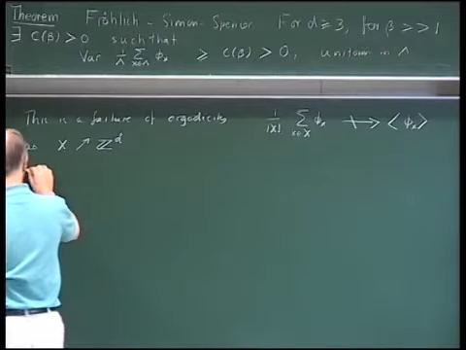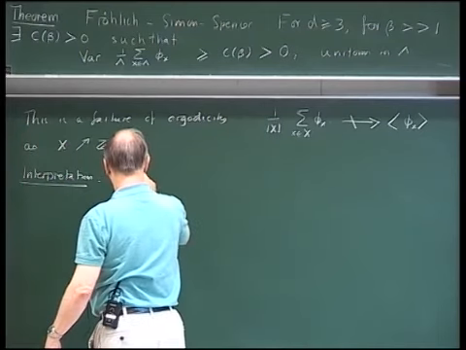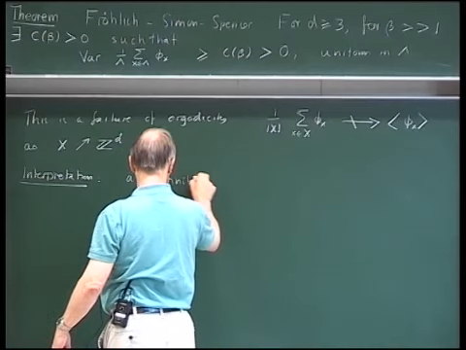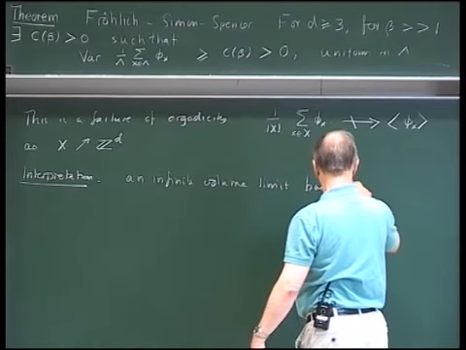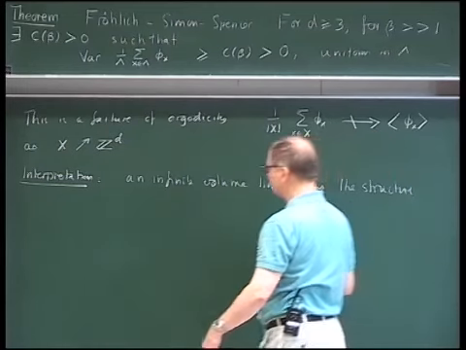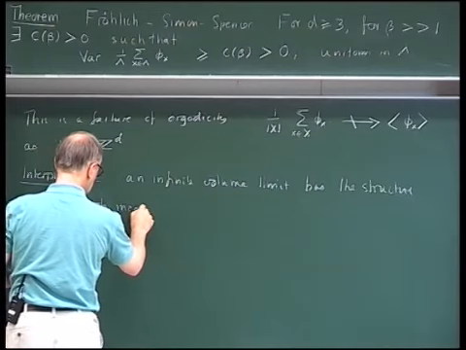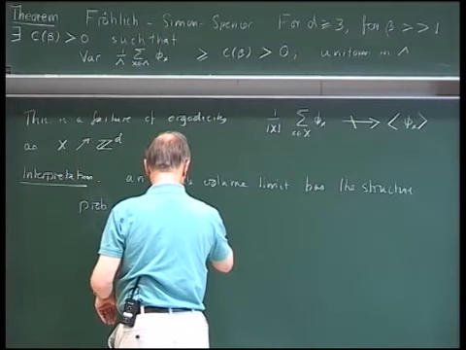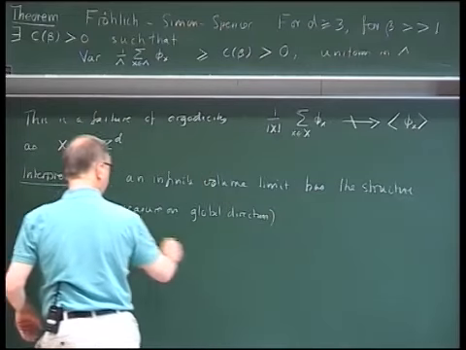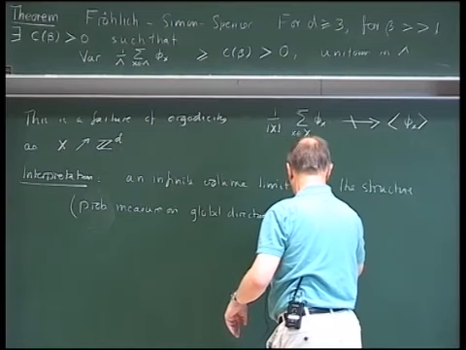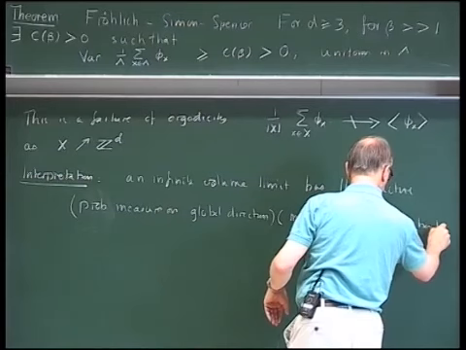So, interpretation: an infinite volume limit has the structure of a probability measure on global direction, times a measure on fluctuations about global direction.